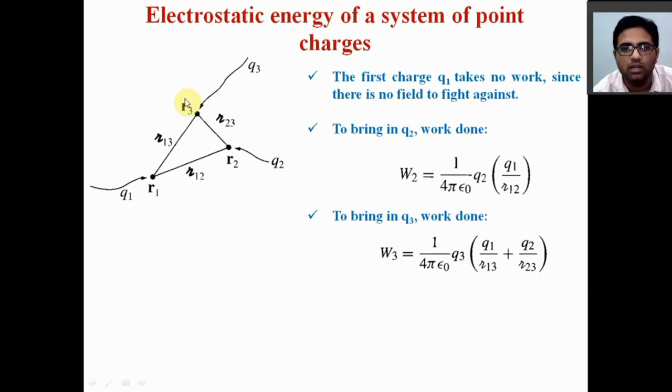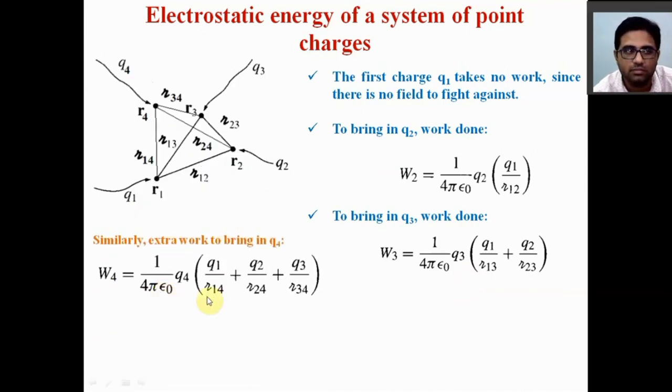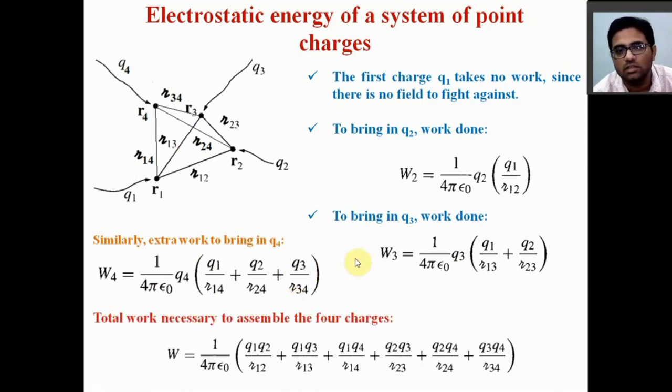Similarly, to bring Q4, the work done will be this. So the total work done necessary to assemble the 4 charges is the sum of W2, W3 and W4, and we get this form.